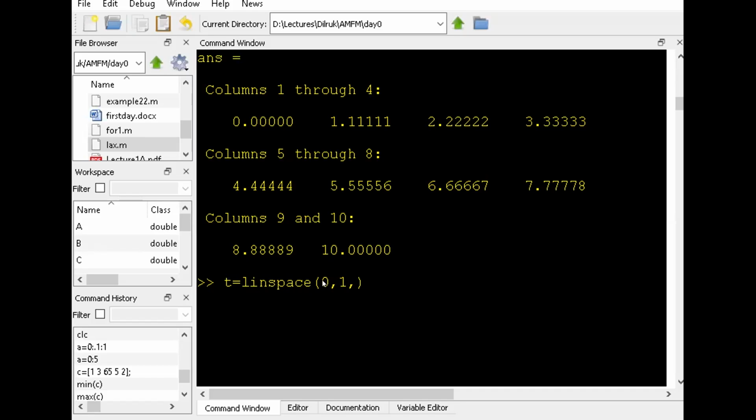So I'm going to discretize the 0 to 1 interval into 4 subintervals. That means 5 points. So you include 5 points in between 0 and 1. That's clear: 4 subintervals, but 5 points. Thank you.